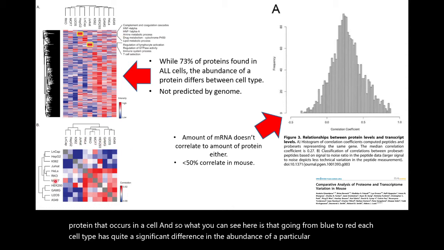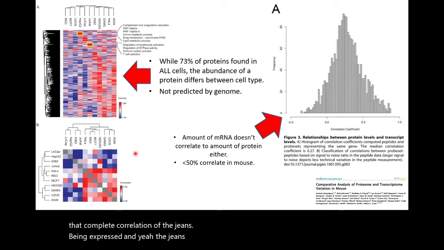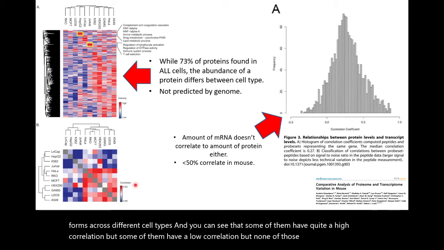This is reinforced by this diagram down here, which is showing you the correlation of the genes being expressed and the abundance of those proteoforms across different cell types. And you can see that some of them have quite a high correlation, but some of them have a low correlation, but none of those correlations is 1-to-1.